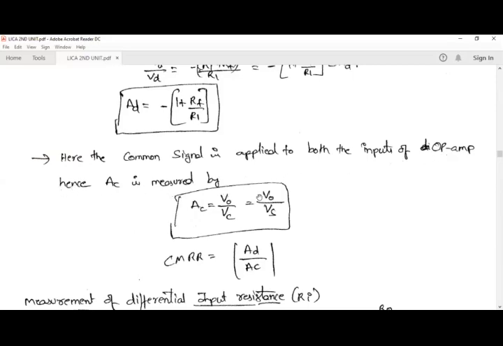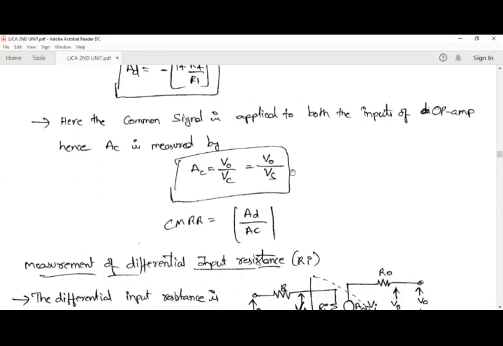That is the output voltage divided by the input signal voltage. Output voltage and input voltage can be measured with the help of a multimeter, and we measure the value of AC. If you know the values of AD and AC, then we can calculate the CMRR.